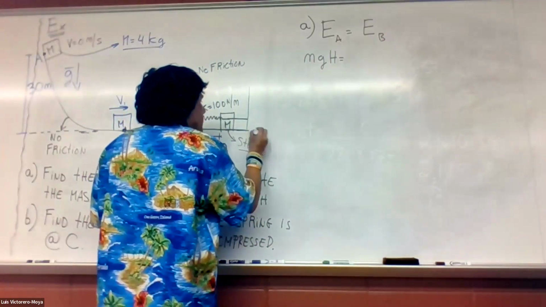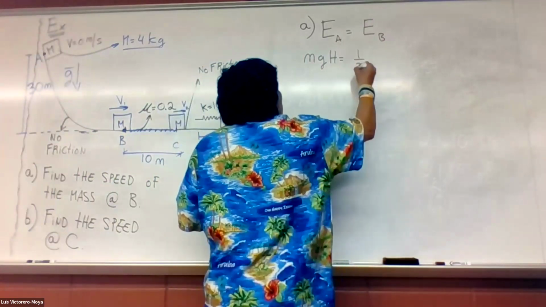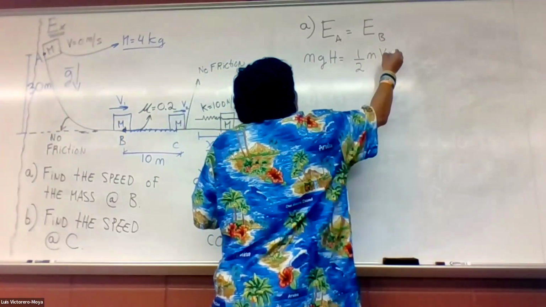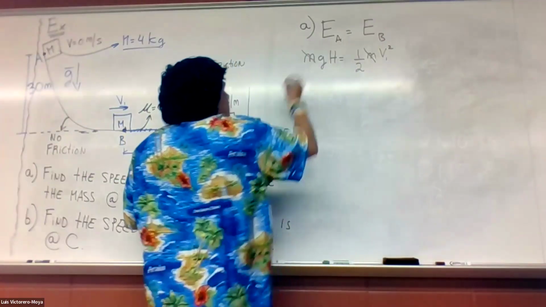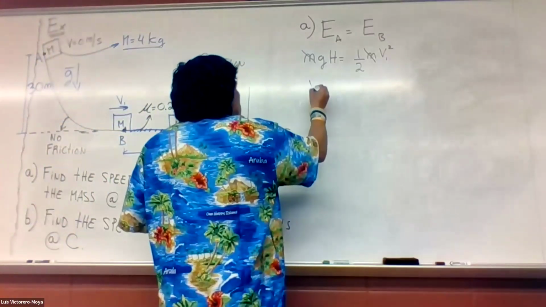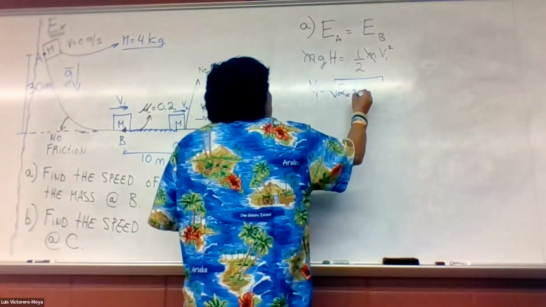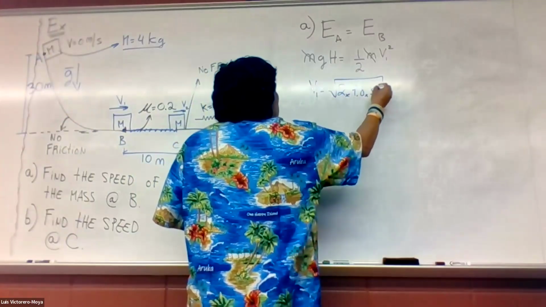This is my reference, right? The ground. So 1/2 mv squared, V1 squared. So mass cancels, we did that before. So yeah, V1 is just the square root of 2 times 9.8 times 30.